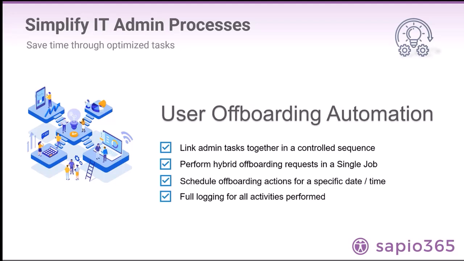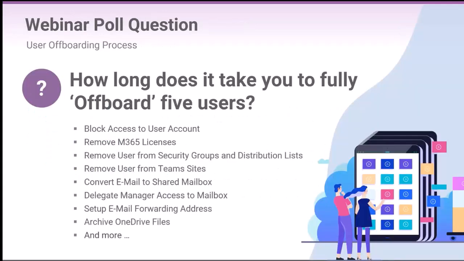So I want you guys to think about it, and I'm actually going to help you. We're going to ask a poll question to make this interactive for everybody. Here's what I want to know. Think about it. How long does it take you today to offboard 5 users? The requests come in either from a single manager or multiple managers, and you have to offboard 5 accounts on Friday.